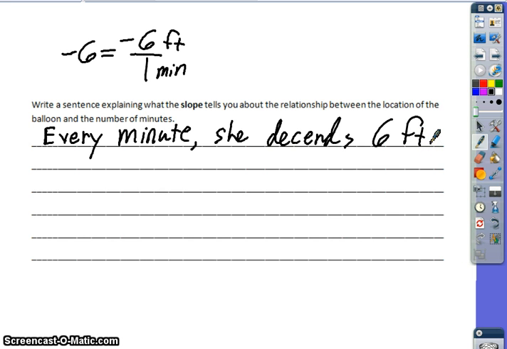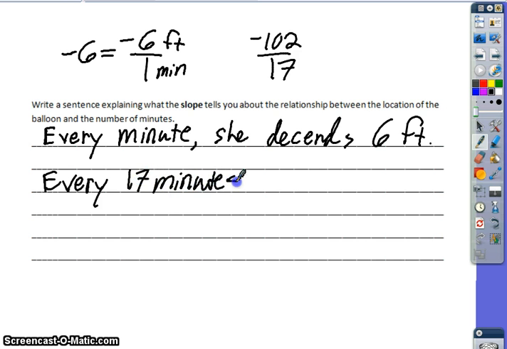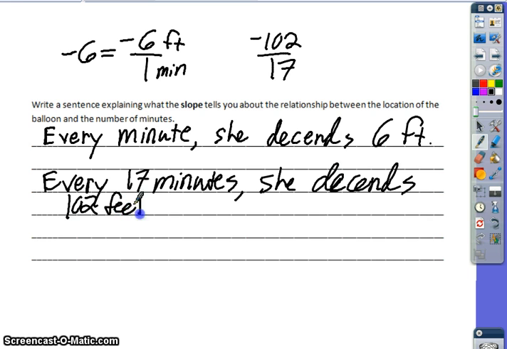Or if I wanted to, that original slope before I divided, negative 102 over 17, I could say this. Every 17 minutes, she descends 102 feet. Okay.